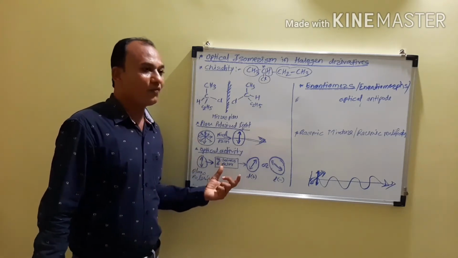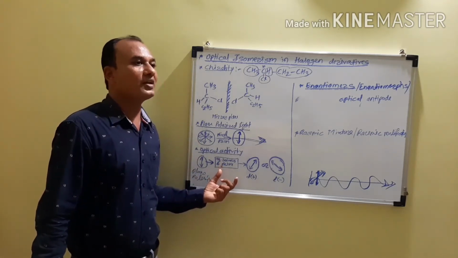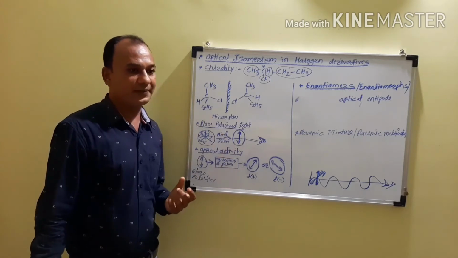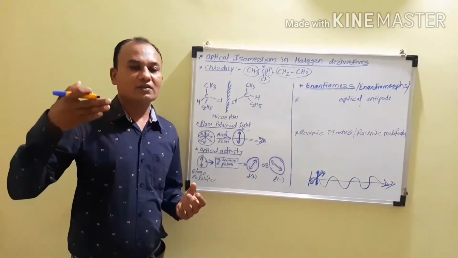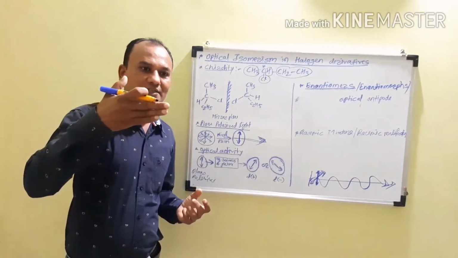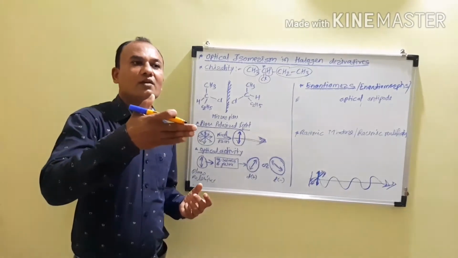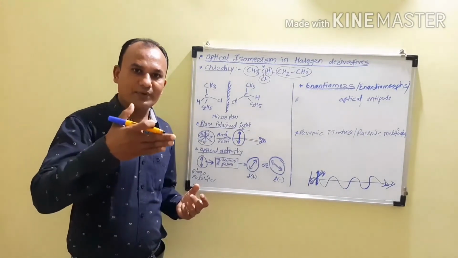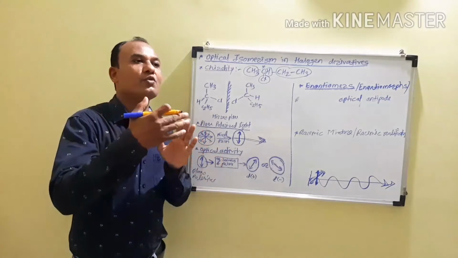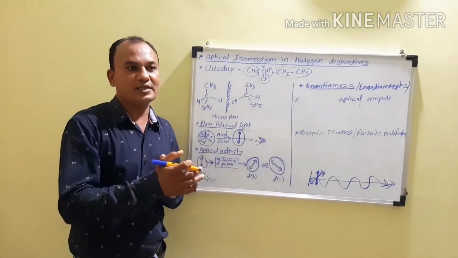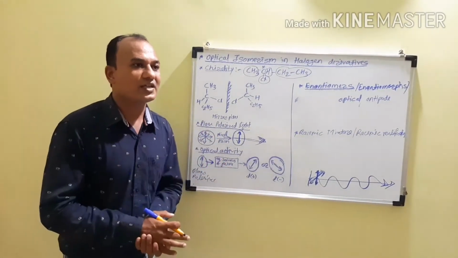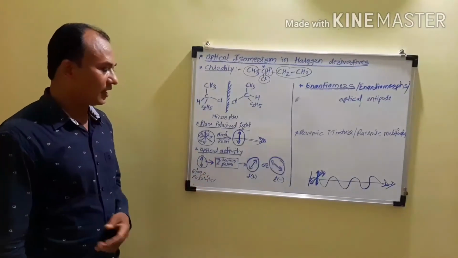Such a phenomenon is called optical activity. It means when the plane of plane polarized light passes through an optically active substance which rotates the plane of plane polarized light, such a phenomenon is called optical activity.